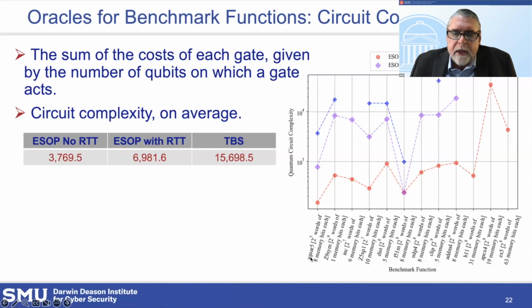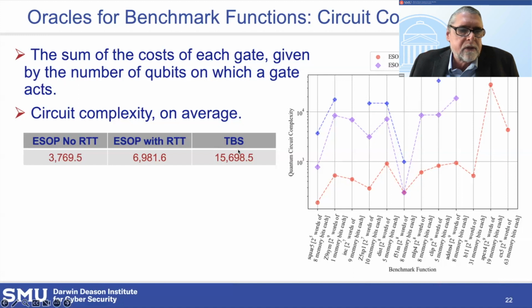So for example, this first one is called square 5. It has 5 domain bits and 8 range bits. There are some slightly larger ones in here. But anyway, what you can see is that the ESOP method, in terms of circuit complexity, which is roughly equivalent to quantum cost, is much lower for the ESOP method than for TBS.